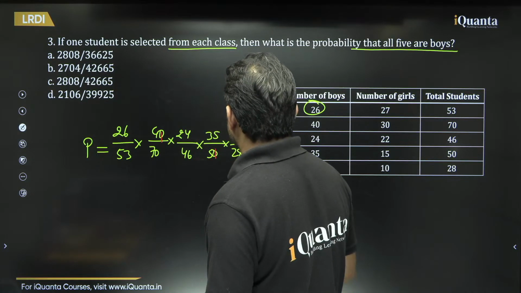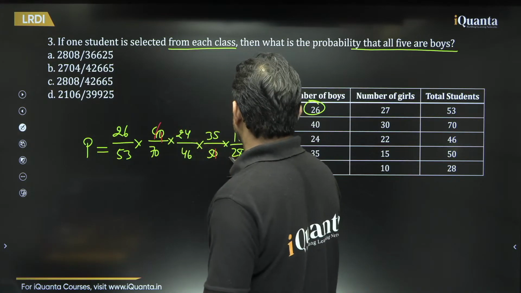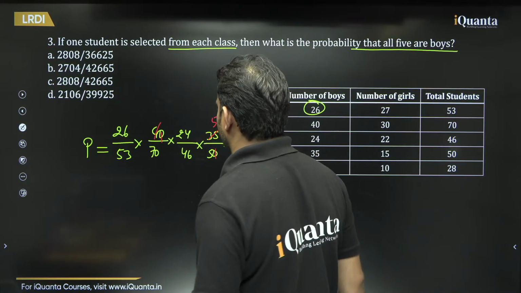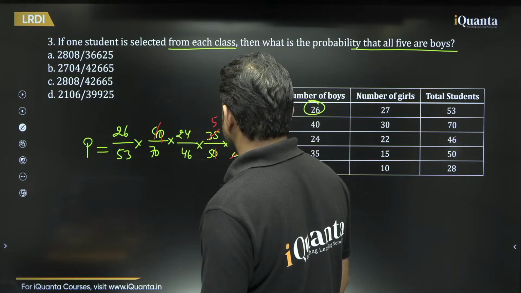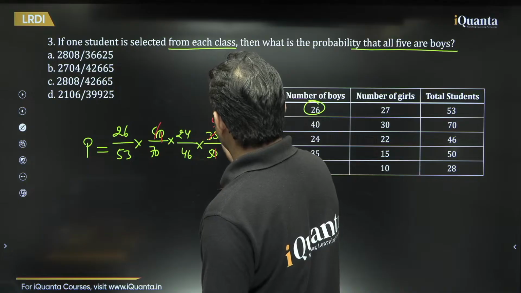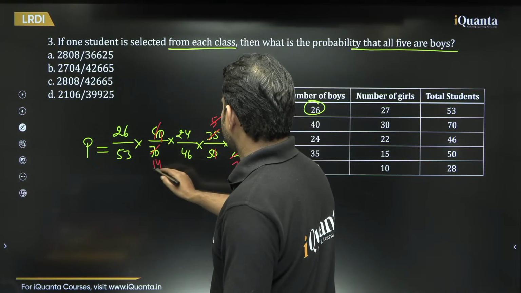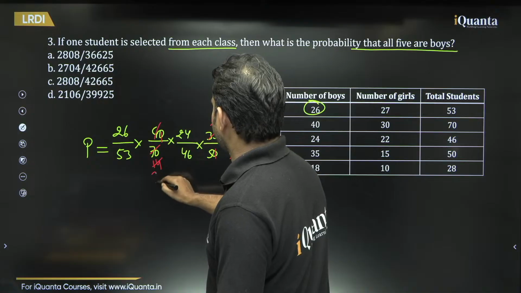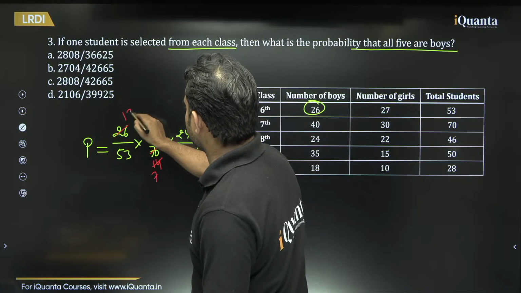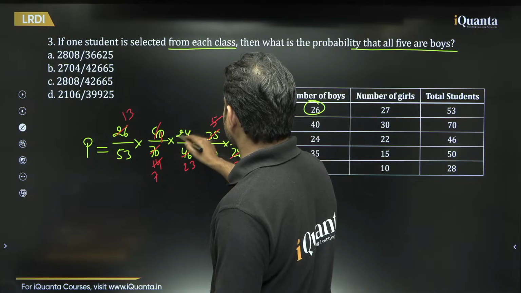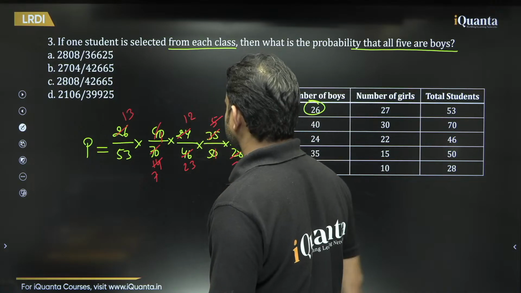This is cancelled out. 4 into 7 is 28, 7 into 5 is 35. Then 5 into 14 is 70. This is 7 into 2, this is 13 into 2. This is 23 into 2, this is 12 into 2.